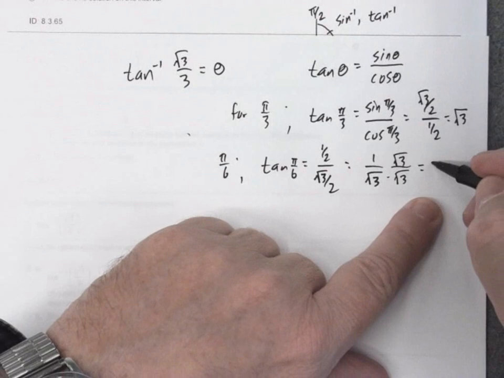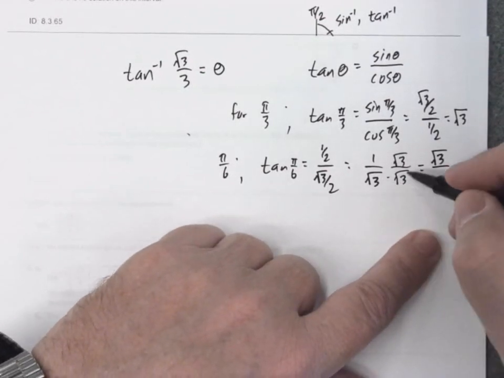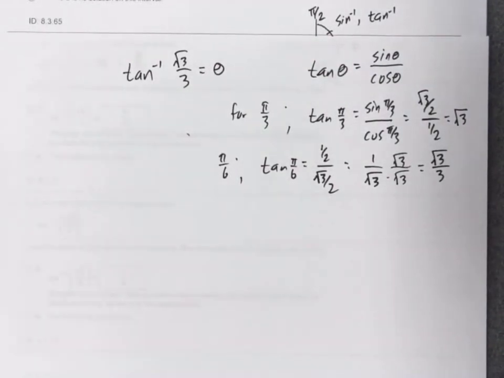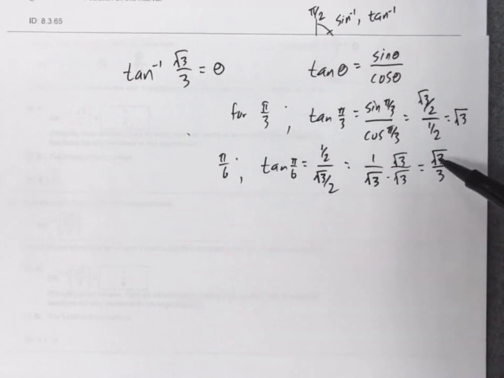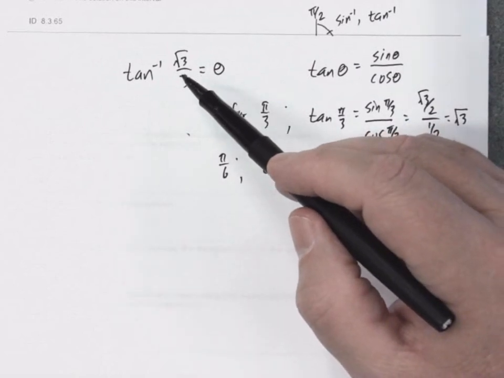So when you do that, you get square root of 3 in the top. Square root of 3 times square root of 3 is 3. So you get square root of 3 over 3. So what we're saying is 1 over square root of 3 is the same thing as square root of 3 over 3. And now I go up here and look and I say, bingo, that's what I want.